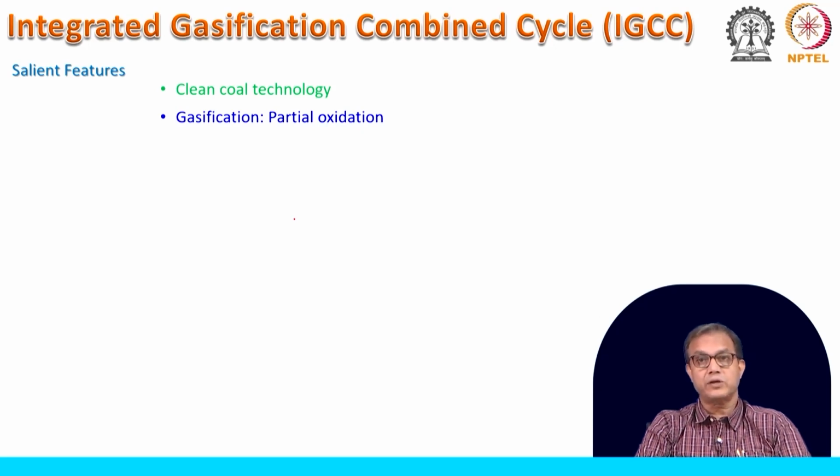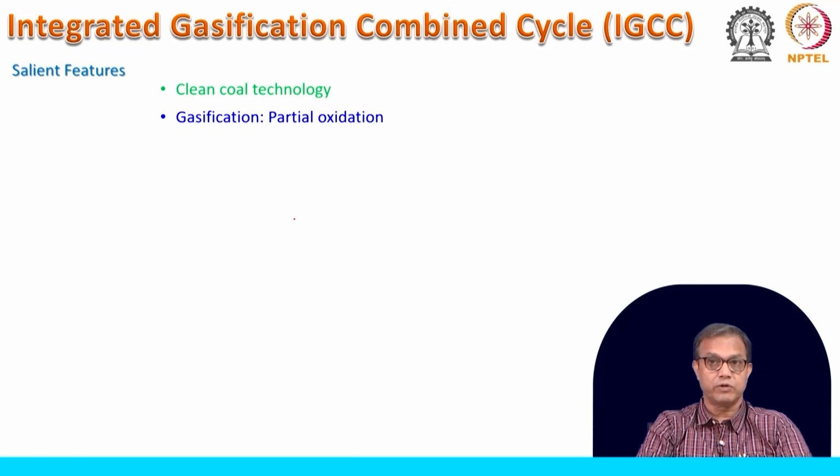So, that high temperature, as we have learned, is from this partial oxidation reaction. So, if we are taking this coal and partially oxidizing it, that is basically the gasification we are trying to do, and that will generate not only the syngas, it will also generate a high temperature.